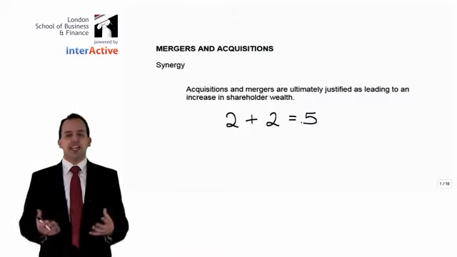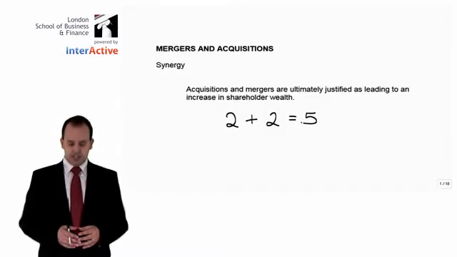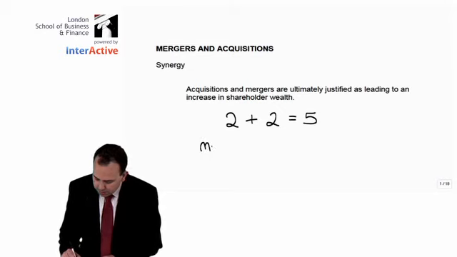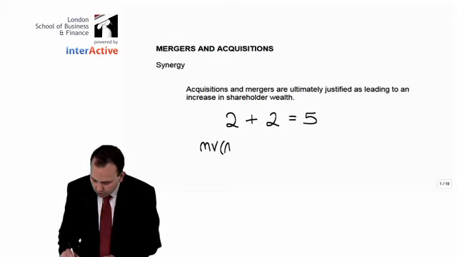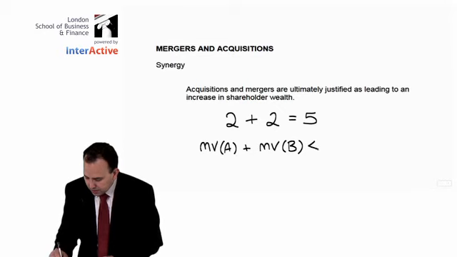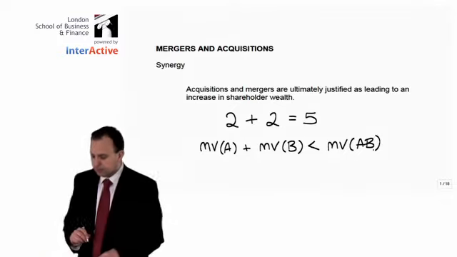A better, clearer way to define synergy would be to say that the market value of company A plus the market value of company B is less than the market value of company AB. What you then need to do is explain what this means in words.